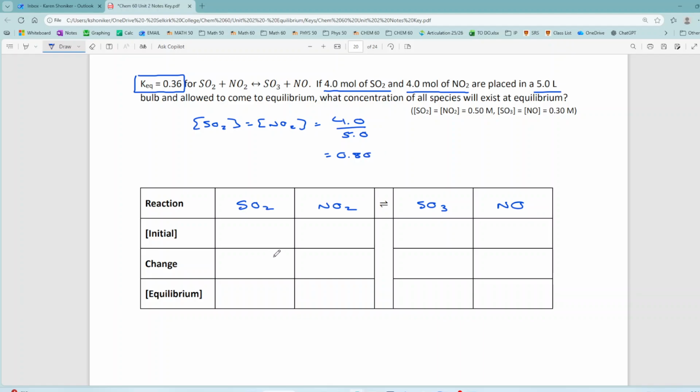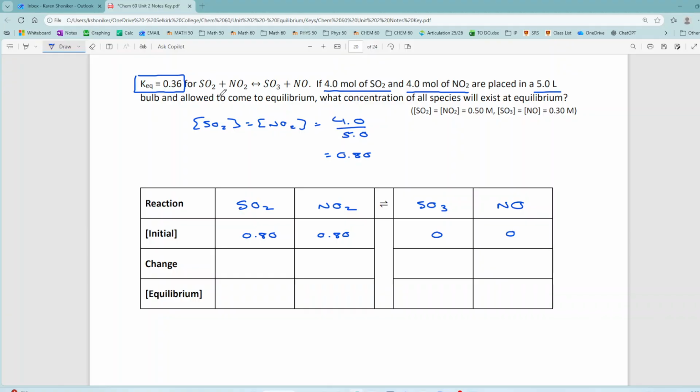My initial concentration of sulfur dioxide is 0.80, and my initial concentration of nitrogen dioxide is also 0.80, which means that I'm starting with no sulfur trioxide and no nitrogen monoxide.